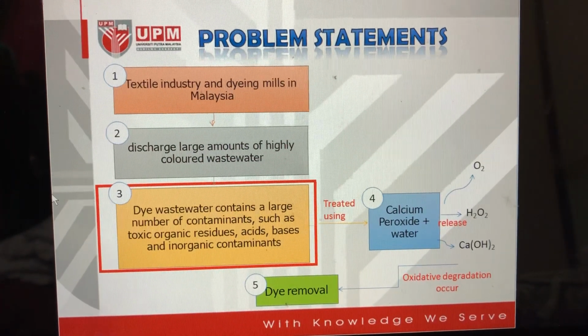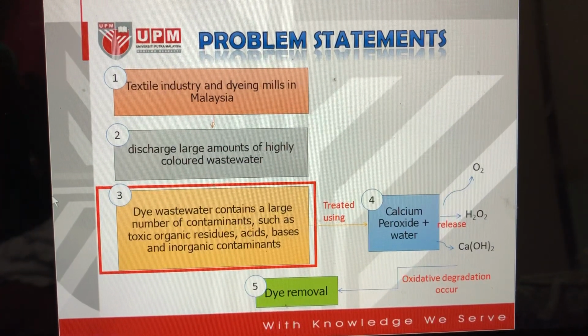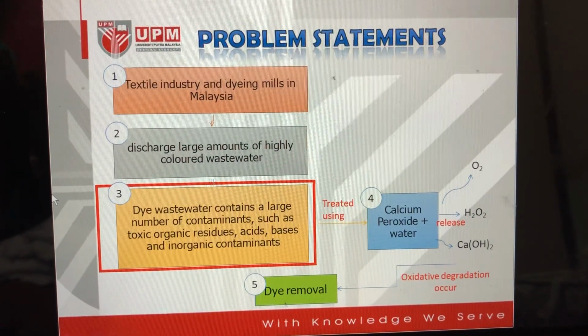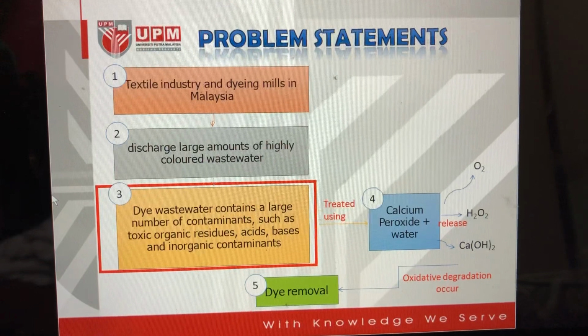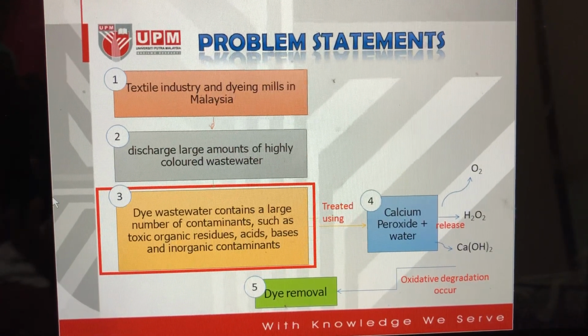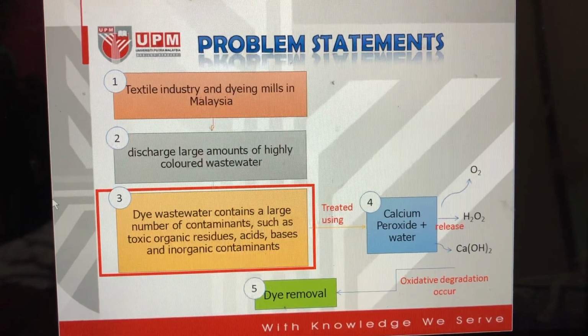Calcium peroxide is one of the solid peroxides that has been increasingly used in contaminated site remediation due to its ability to release oxygen, H2O2 and Ca(OH)2.